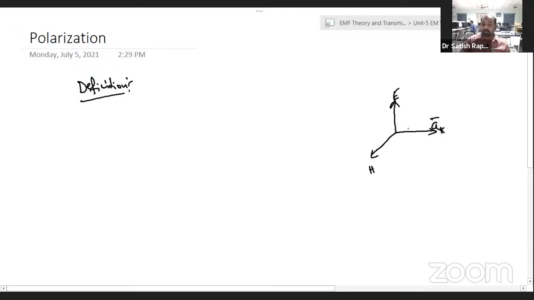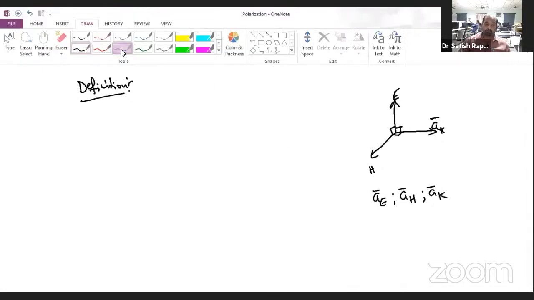The electric field, the magnetic field, and the direction of wave propagation are mutually perpendicular. Let us say ae bar is the direction of the electric field, ah bar is the direction of the magnetic field, and ak bar is the direction of wave propagation.